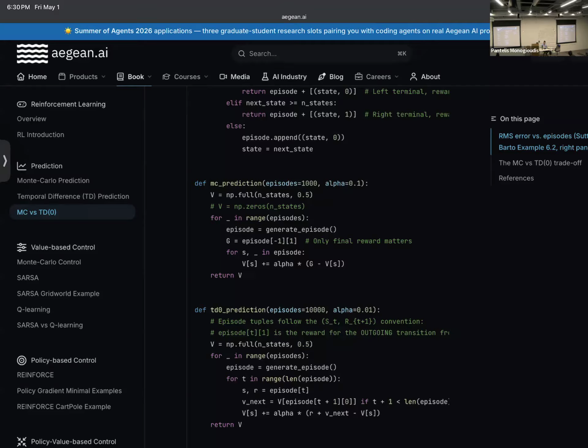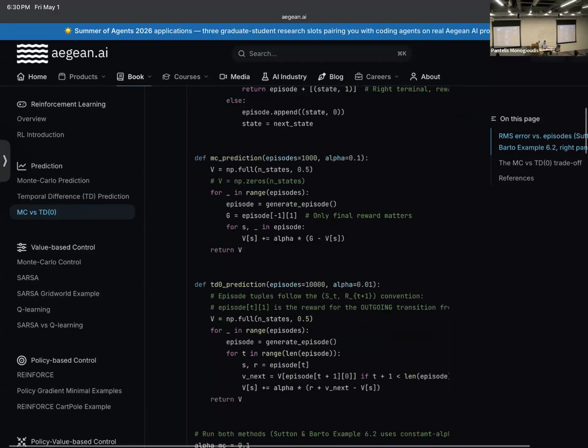So you have V(S) plus equal alpha, whatever alpha is, 0.1. It's a scalar value, typically small. Times G minus V(S). This is the update equation for Monte Carlo. Gamma is equal to 1. So the equations are trivial.